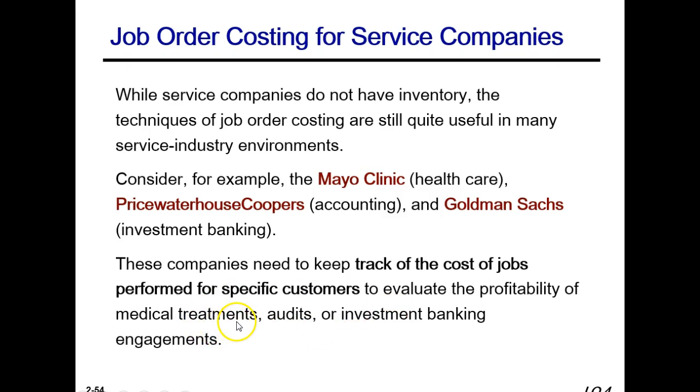We still need to make sure we're charging enough. So even though the Mayo is a service, it still provides treatment. They still need to make sure they're charging enough for the equipment they're utilizing, the labor, and the products, the drugs, the chemo, whatever that may be.